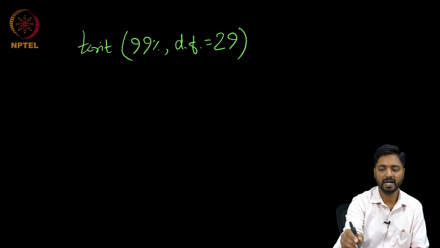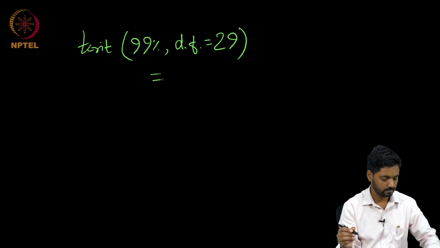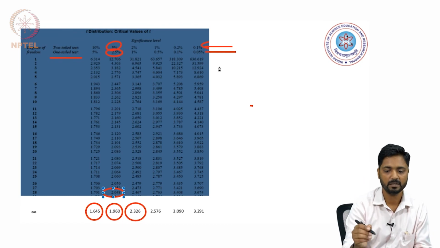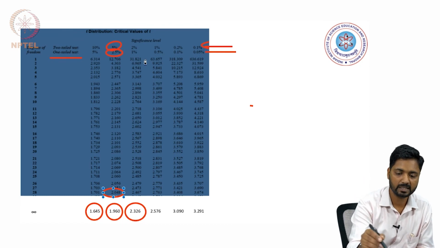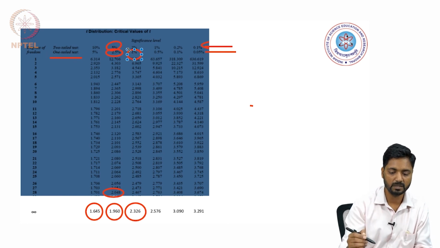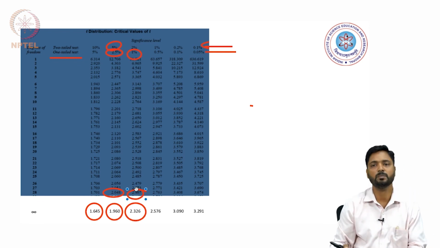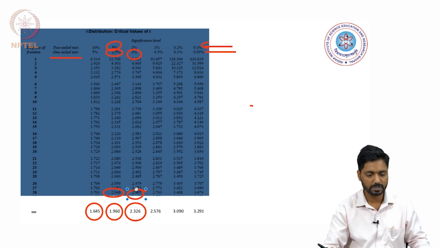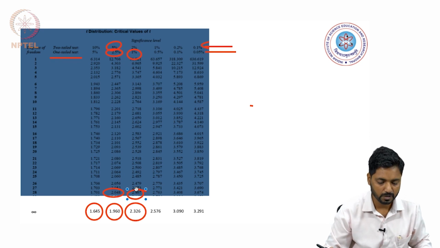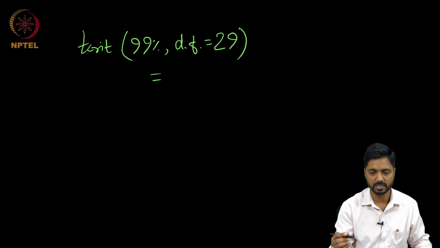We will go back to the table and we are looking at the 99% confidence level, and around this will be the reading. Let us presume that this reading is 2.46.